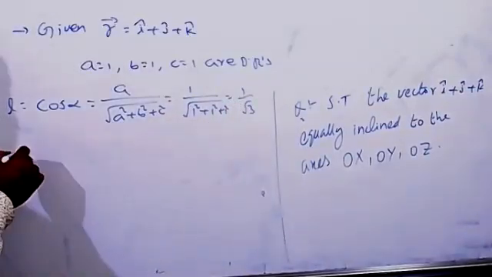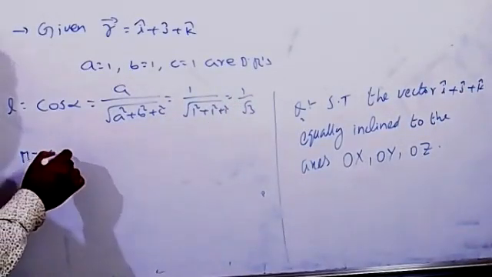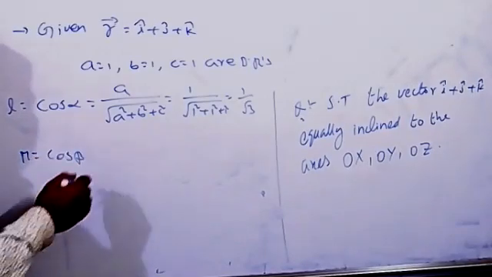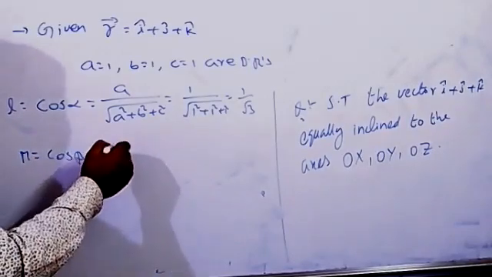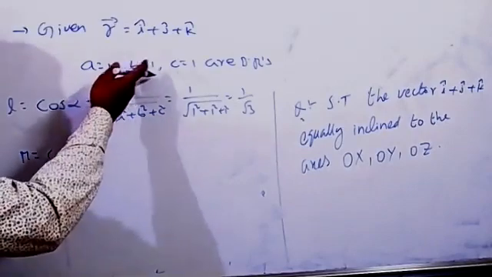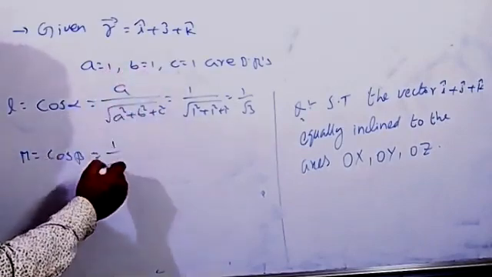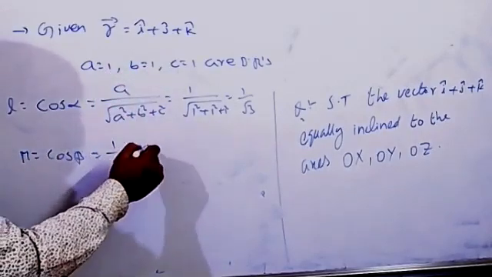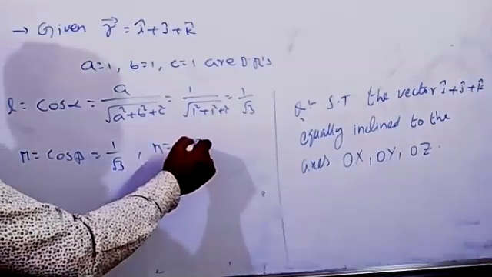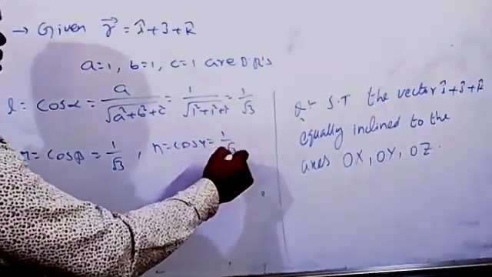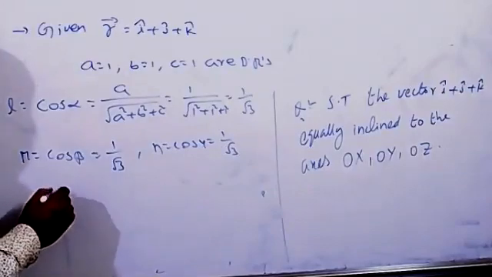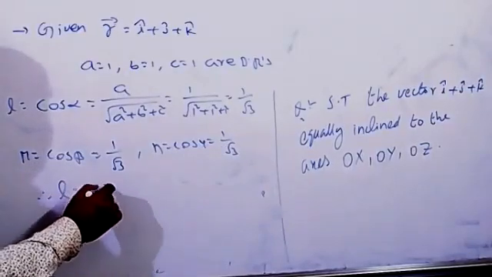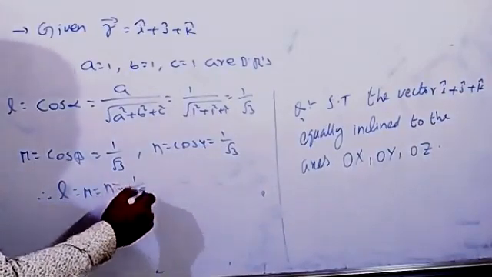The value of m, cos beta, with the same formula, b is also 1, so again 1 by root 3. N, cos gamma, is also 1 by root 3. So the value of l equal to m equal to n equal to 1 by root 3.